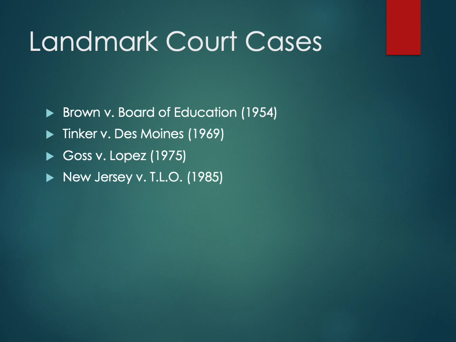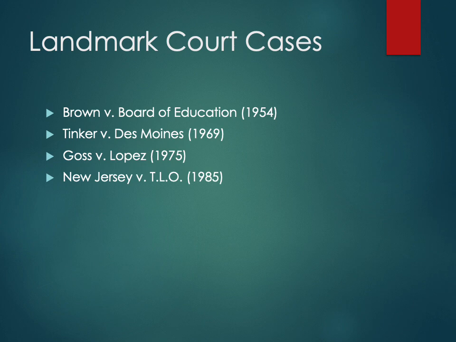When we look at the case in 1969 of Tinker versus Des Moines, this case had to do with affirming students' right to symbolic speech. Students were wearing black armbands protesting the war. And so again, this gave students the right to symbolic speech.